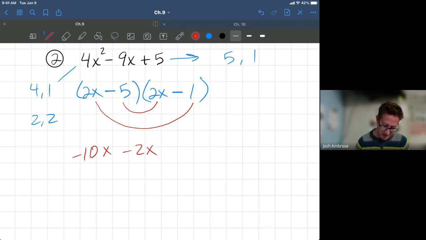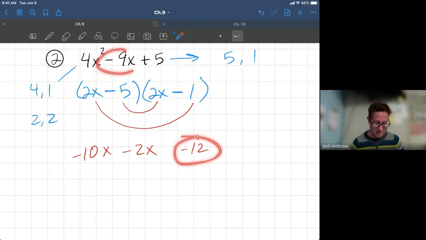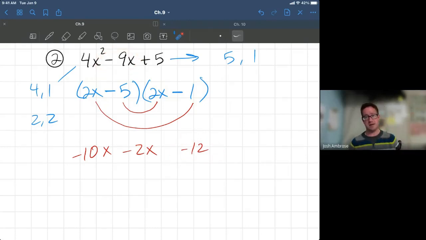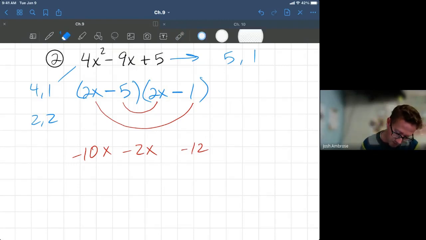Negative 10 and negative 2 make a negative 12. That is not what we are looking for. Negative 12x, not correct. So that tells me that 2 and 2 are not the correct options to use. So we have to go back and change those options.